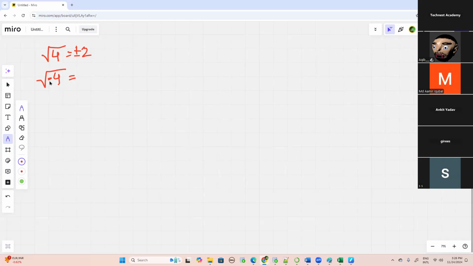Okay. If I'm asking the square root of -4, what is the meaning of this? I'm asking, tell me a number which when multiplied by itself should give me -4. This is the meaning, no? Right? So do you have any number which when multiplied by itself will give you -4?